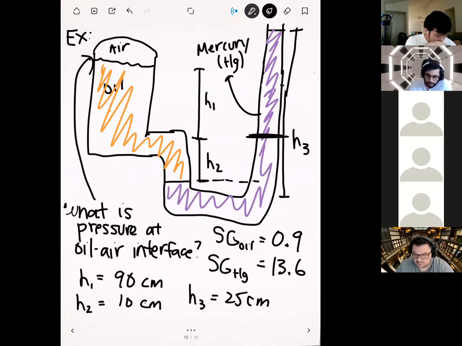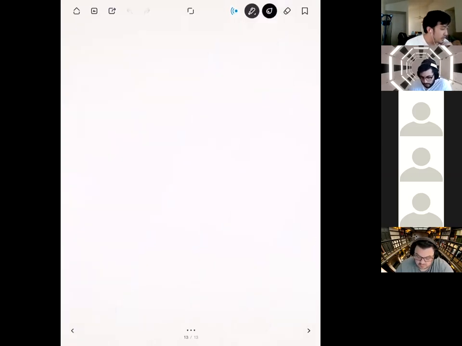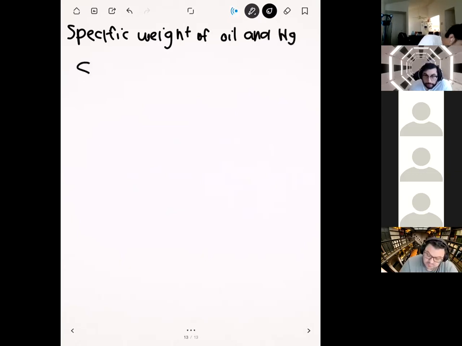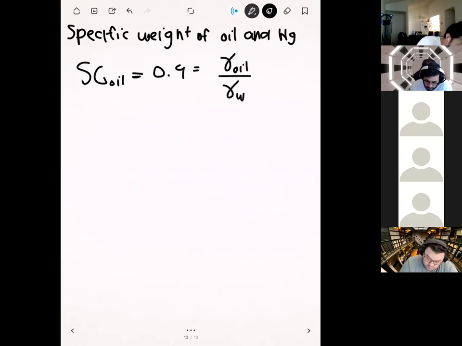Okay, so let's do that first. Let's compute the specific weight of the oil and the mercury. We know the specific gravity of the oil is 0.9, and this is the specific weight of oil divided by the specific weight of water.